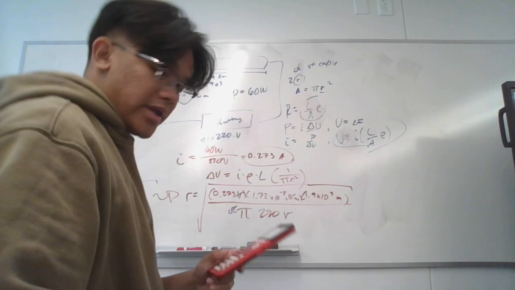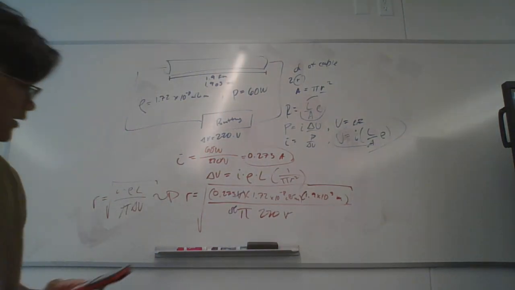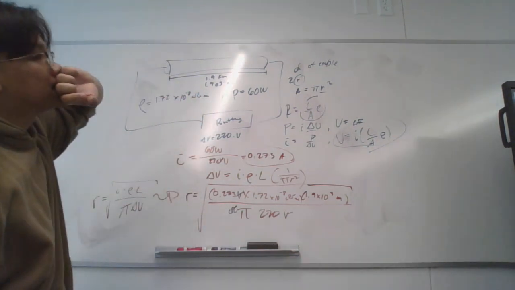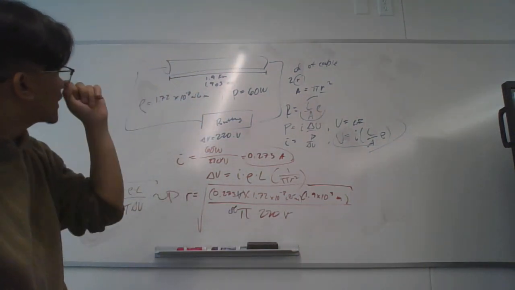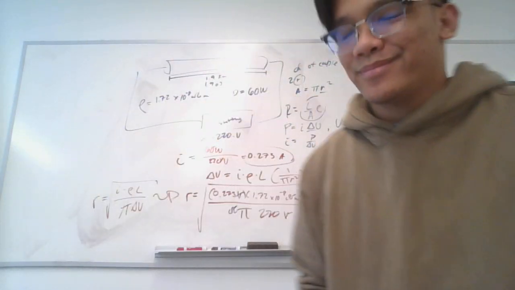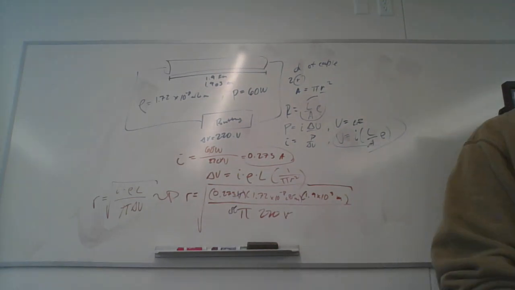Well, so we're given a really small number. Interesting. And I think this is okay. We should be getting a really small number. I think. Yeah, because we're looking at a copper wire. So yeah, okay, that makes sense that we have a really small number.